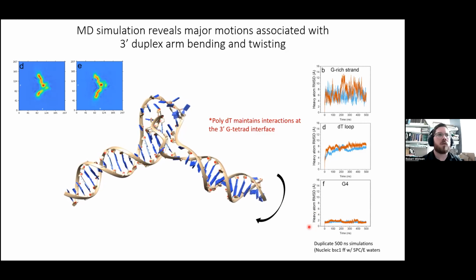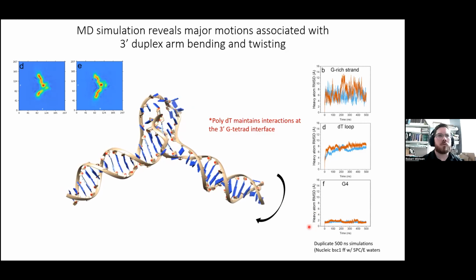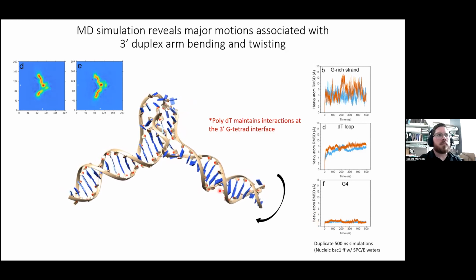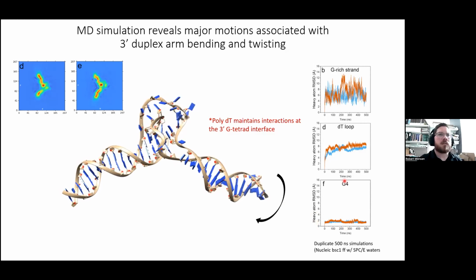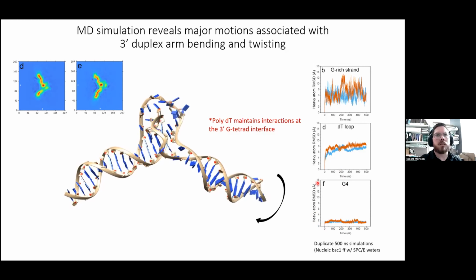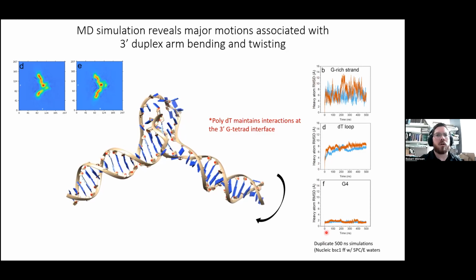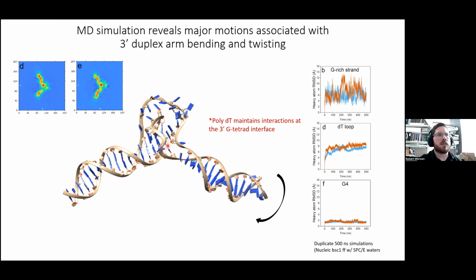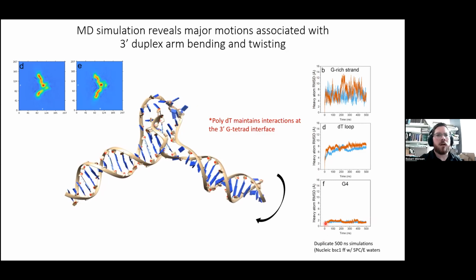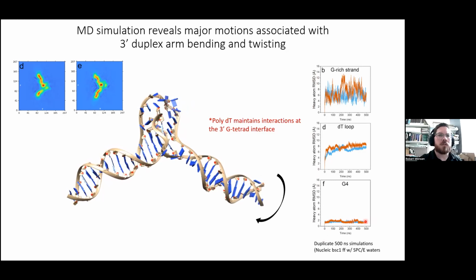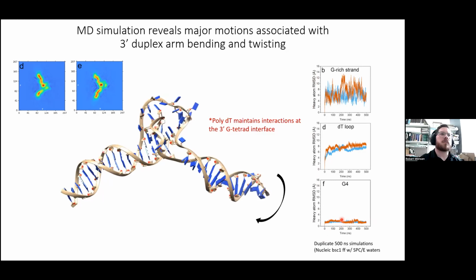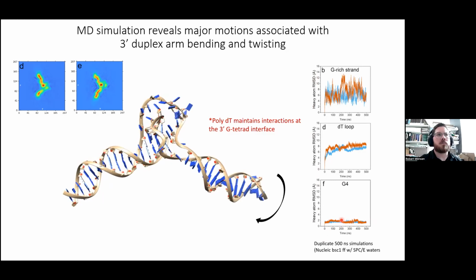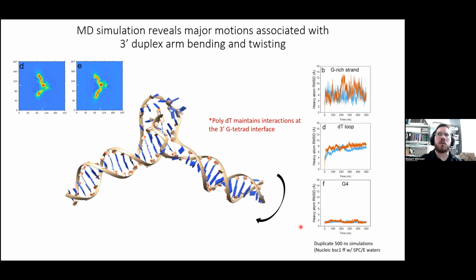And if so, what is it doing in solution? And what I found was sort of surprising. The G-quadruplexes are showing heavy atom RMSDs across the trajectories. So for the G4, the central part here, the heavy atom RMSD plots show less than 3 angstrom deviation, which suggests that for the most part, it's essentially unchanged throughout all the simulation.